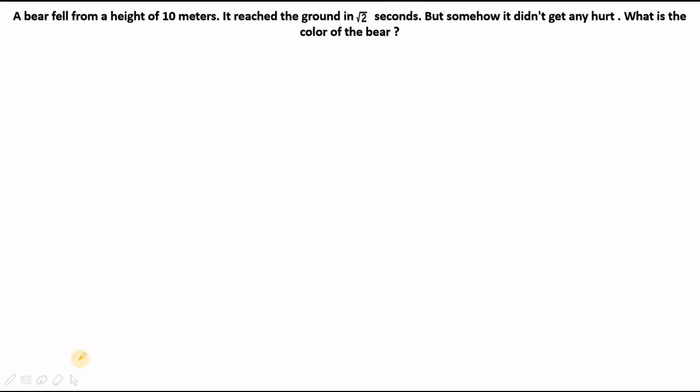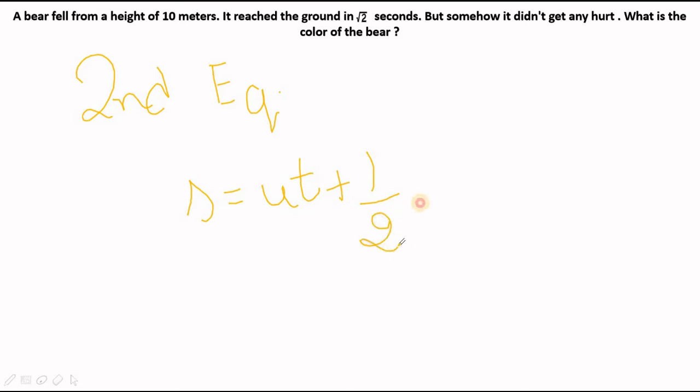I hope that you all remember the second equation of motion. Did you remember? Most of you might have. It is S is equal to ut plus half at square. Here S is the distance, and u is the initial velocity.